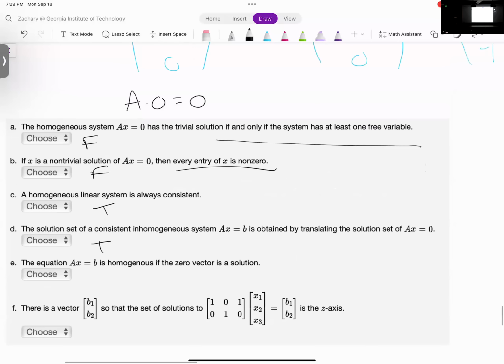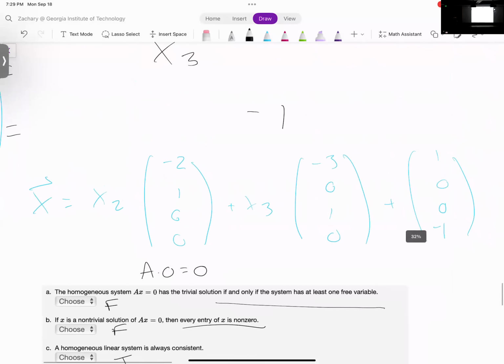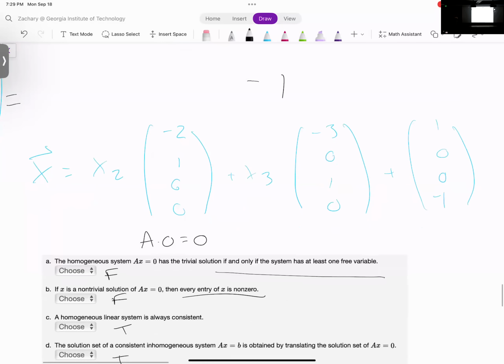So, for example, if we go back to this question, another thing that a lot of students get wrong is this: if AX equals B and B is non-zero has this solution set, what is the solution set of AX equals 0? To do that, we just ignore the shift and take what's left. It is as easy as that. You do not have to think any harder about it.